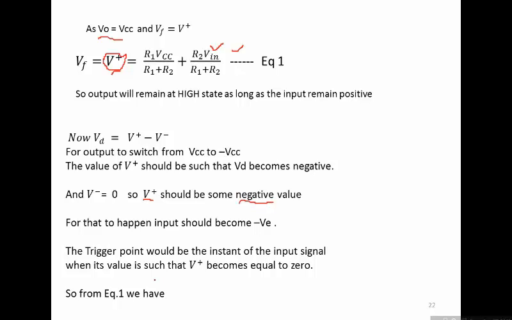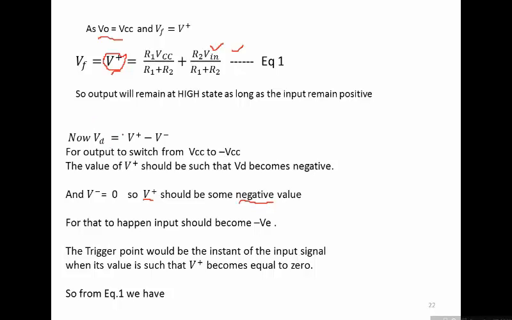What that means is that for an input signal of some negative value where this V plus becomes equal to 0, then Vd becomes equal to 0, and after that instant of the input signal, if the input signal goes further lower than this level, then Vd becomes negative.